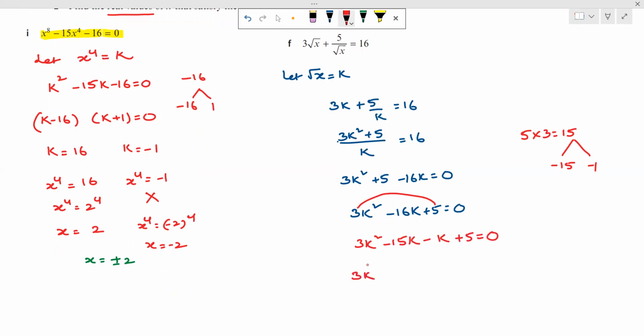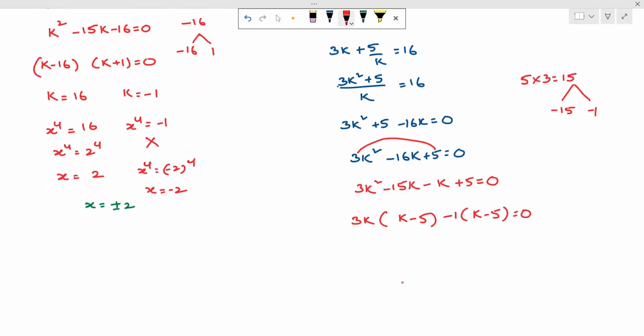If I am taking 3k common, 3k times k minus 5. If I am taking minus 1 common, minus 1 times k minus 5, which is 0. Next, here 3k minus 1 and k minus 5, which is 0. So the k value will be 1 by 3 or k is 5.